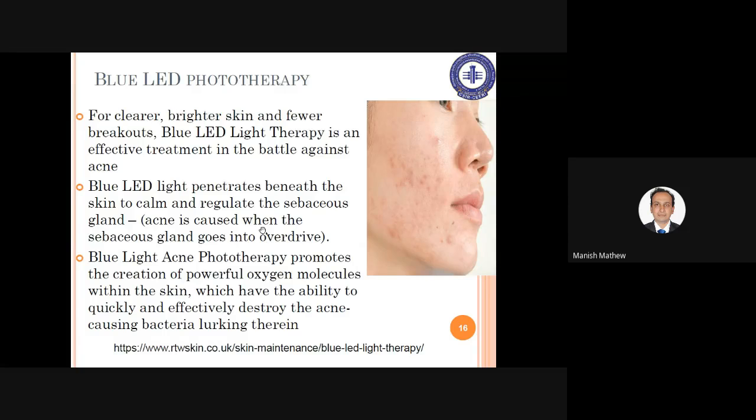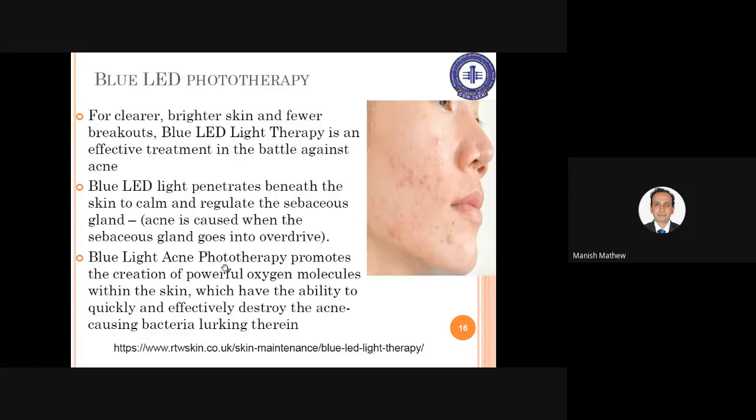Acne is usually caused by sebaceous gland overdrive. So when the blue light penetrates your skin, it regulates that sebaceous gland and avoids the growth of acne.